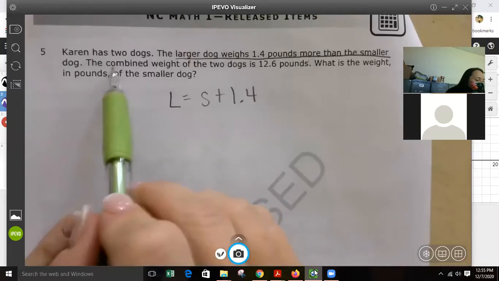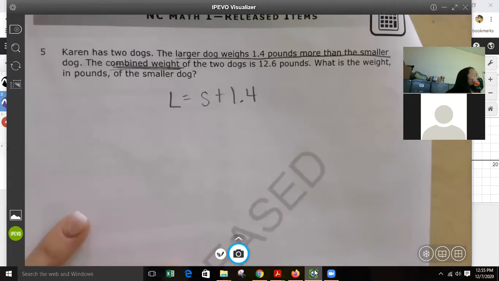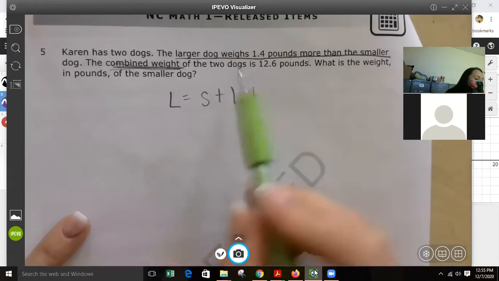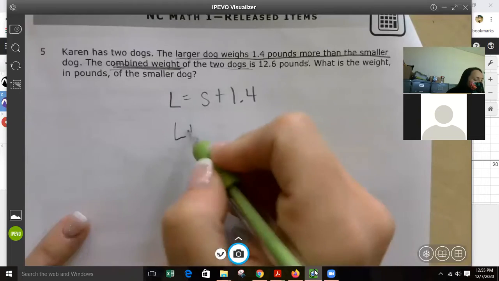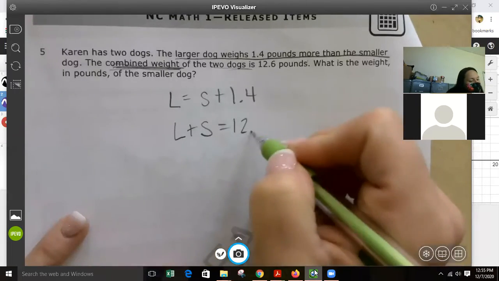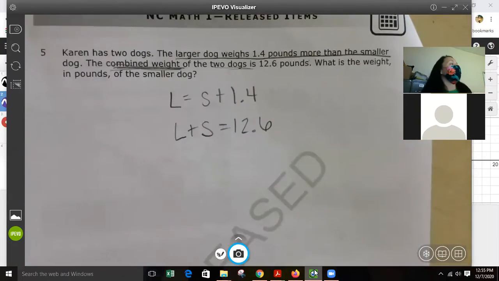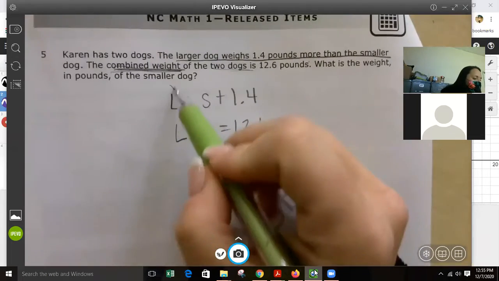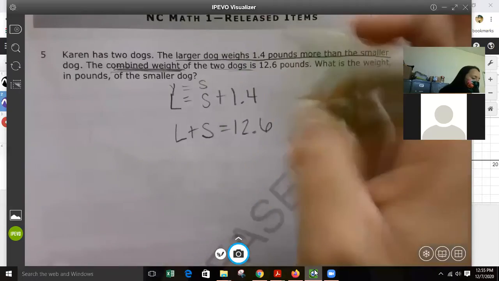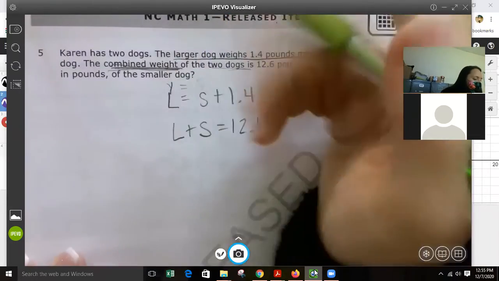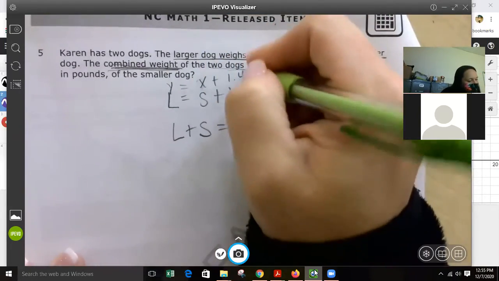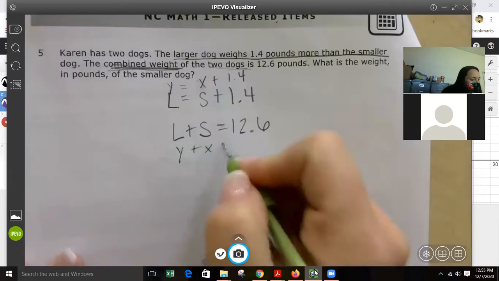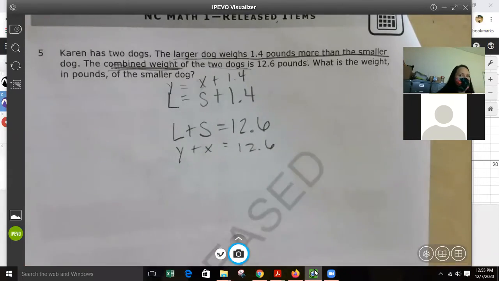It says the combined weight. What does that mean you're doing? Adding them of the two dogs. So the large and the small equals 12.6. The only thing with Desmos is you can't use L and S, but you can use X and Y. So we would do Y equals X plus 1.4 and Y plus X equals 12.6.